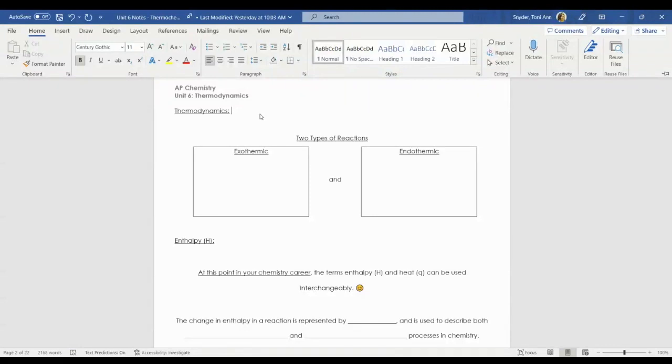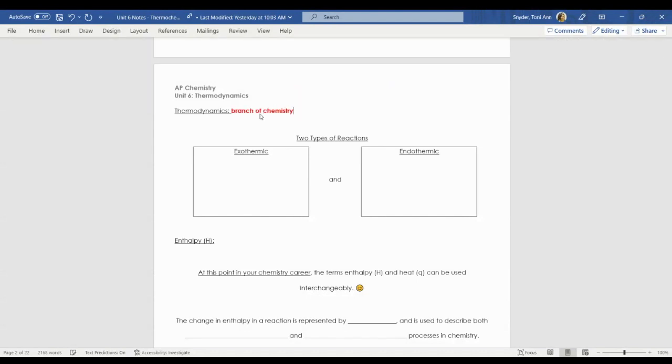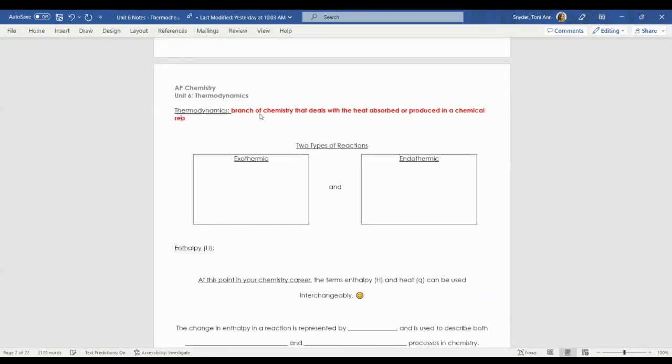But let's first talk about what thermodynamics is. You might be familiar with the word thermo. You think of thermometers, you think of heat, and that's exactly what we're talking about in thermodynamics. This is a branch of chemistry that deals with the heat absorbed or produced in a chemical reaction or a physical change.